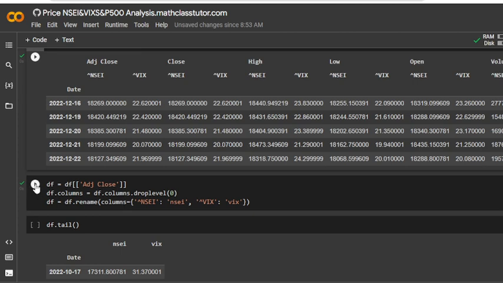So the adjusted closing price has been taken, the remaining columns have been dropped out, and I am renaming this data. Let's run it.